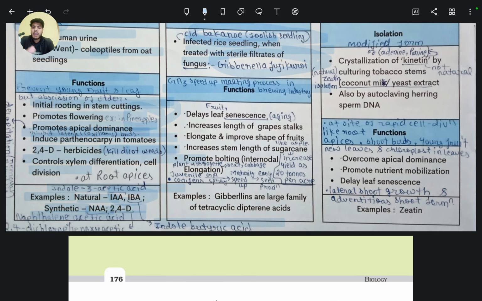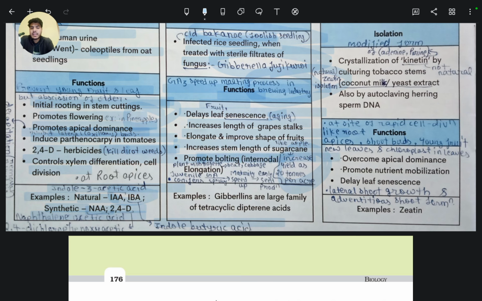GA3 speeds up the malting process in the brewing industry. It delays leaf senescence and fruit aging, increases the length of grape stalks, elongates and improves the shape of fruits, and increases the stem length of sugarcane, increasing yield by 20 tons per acre. It promotes bolting.